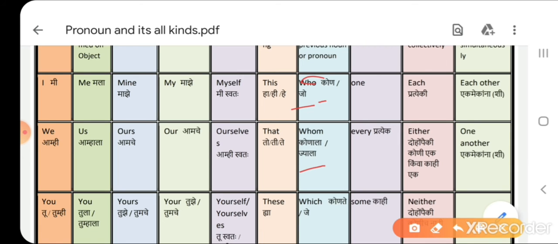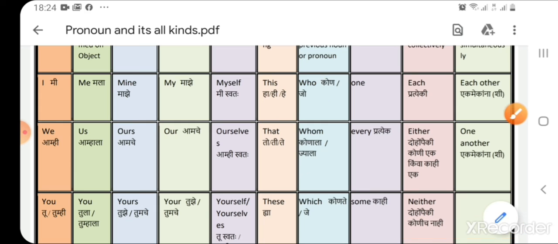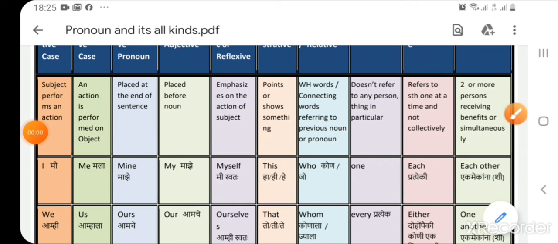For example, meaning of who is जो if it is a relative pronoun. Let's take an example. My sister won first prize in singing competition, who also stood first in the class. Here, who is relative pronoun. To avoid its repetition, they refer to a noun mentioned in the previous sentence.